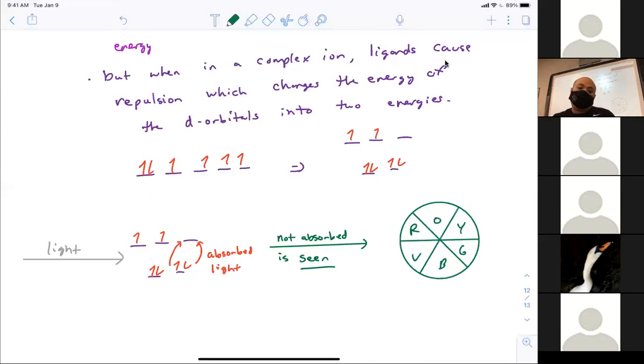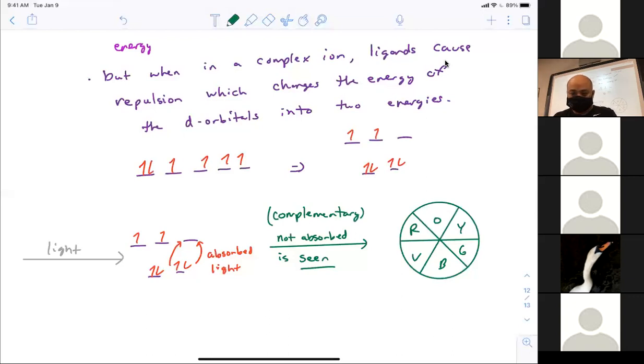Complementary colors are across from each other, so if you absorb red, you'll see green.